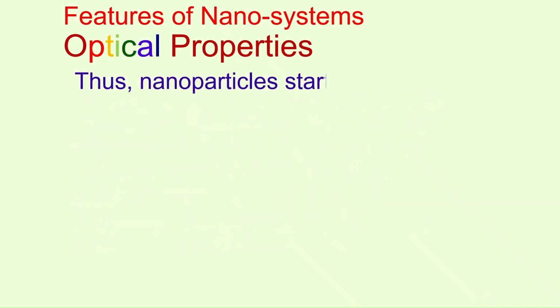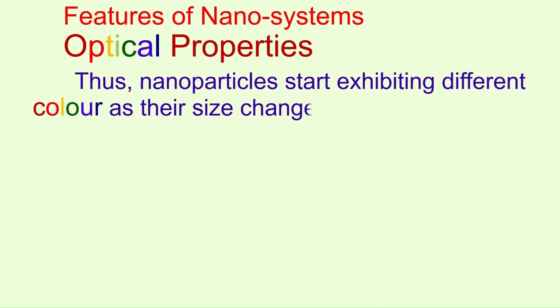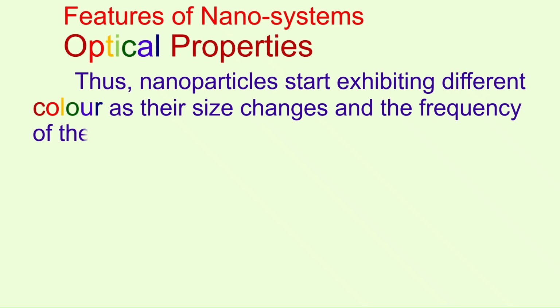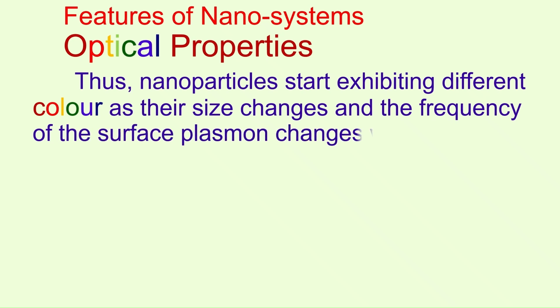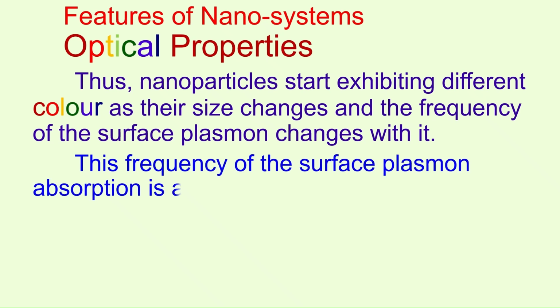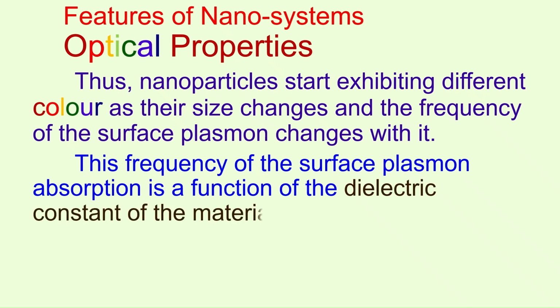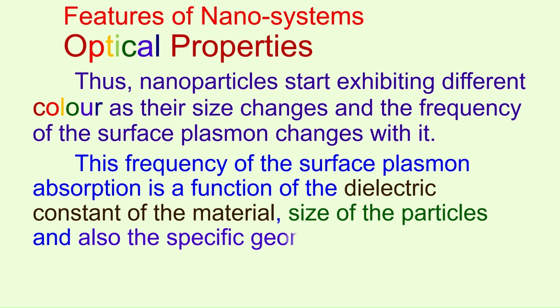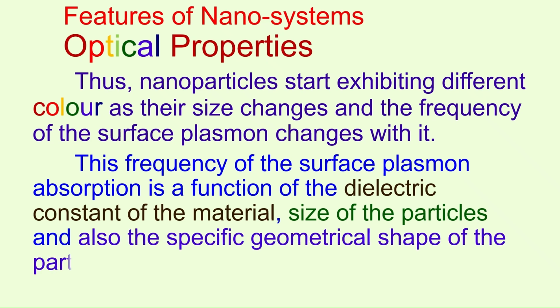Thus, nanoparticles start exhibiting different colors as their size changes, and the frequency of the surface plasmon changes with it. This frequency of the surface plasmon absorption is a function of the dielectric constant of the material, size of the particles, and also the specific geometrical shape of the particle.